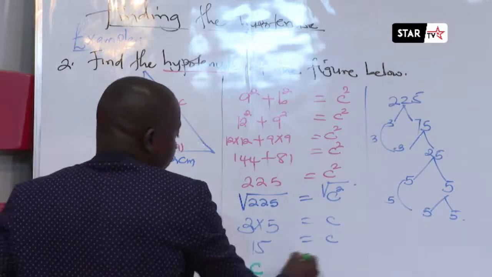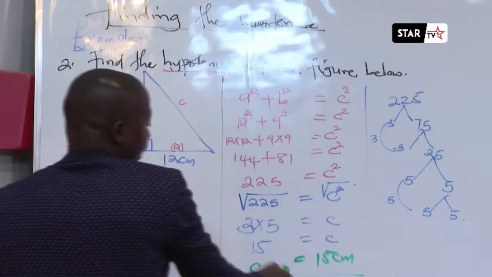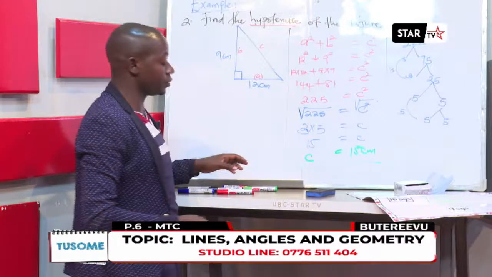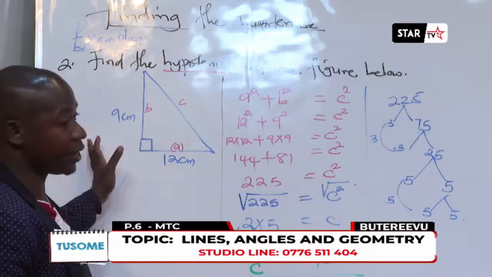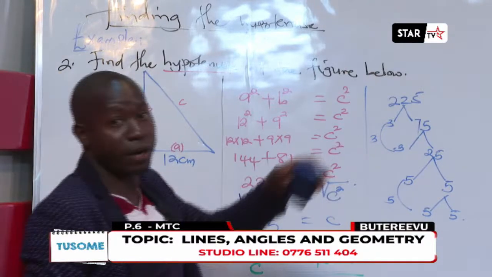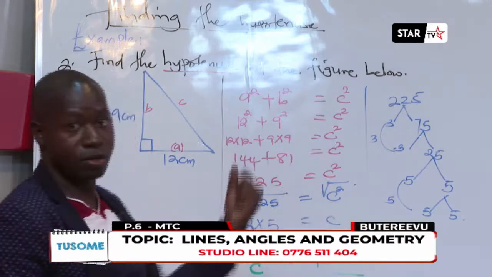So C gives you 15 centimeters. That is how we find the hypotenuse. The most important thing is to know which is the base and which is the height. Then also to know how to prime factorize in a bid to see the square root.